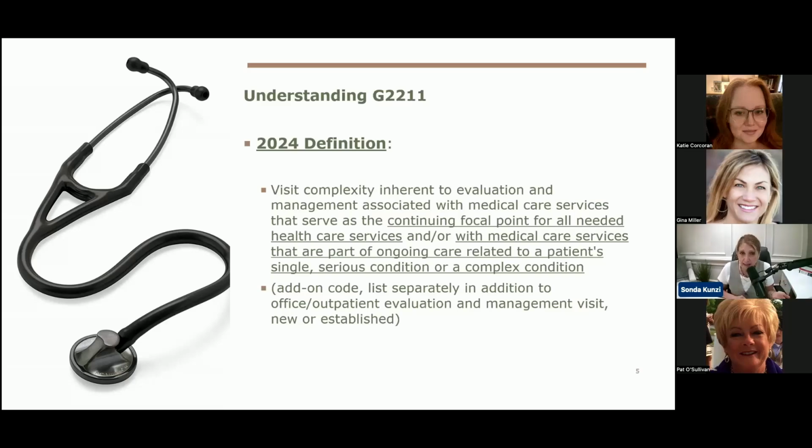It is an add-on code, so it goes on a parent code. If you've not heard this terminology used, the parent codes would be the outpatient E&Ms, so 99202 through 99205, and also 99212 through 99215.